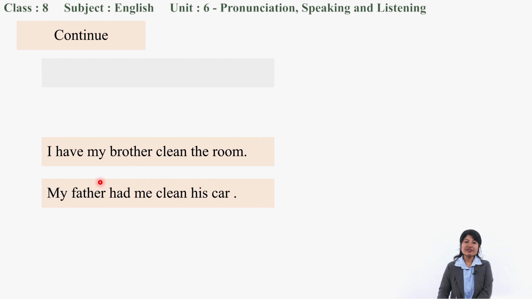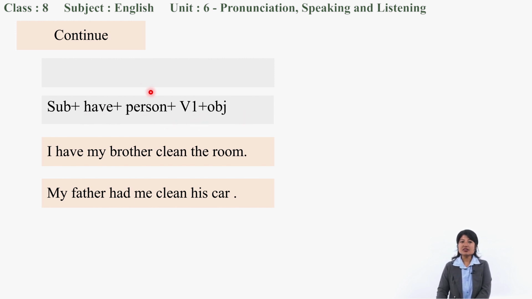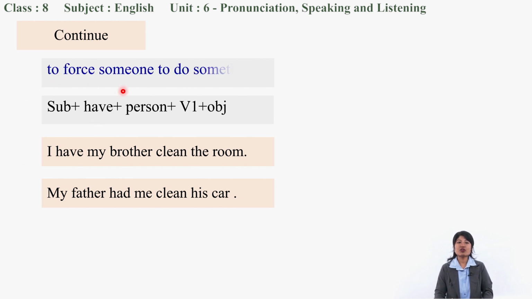Causative verbs are different, so it creates different meaning over here. The structure is subject, have, person, first form of the verb and object, and the meaning it creates is to force someone to do something.